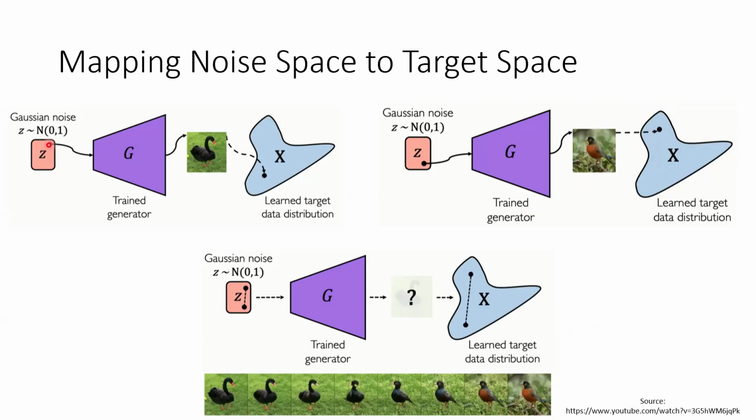So if you take this point relevant to the black zone and this point relevant to this particular bird, you have two different points, right? If you change the vector from here to here, little by little, the generator would move the image generated from here to here, little by little.